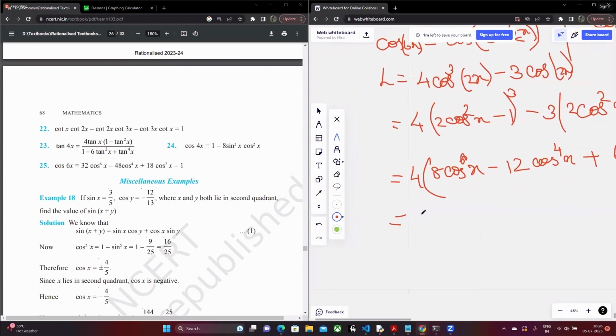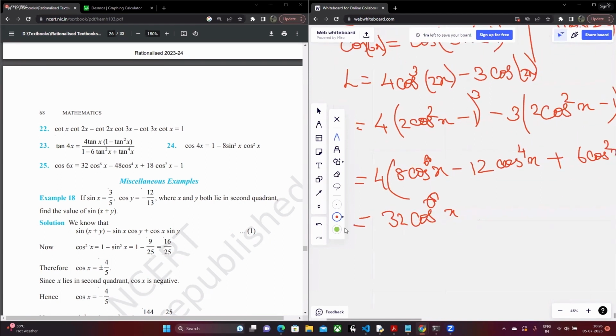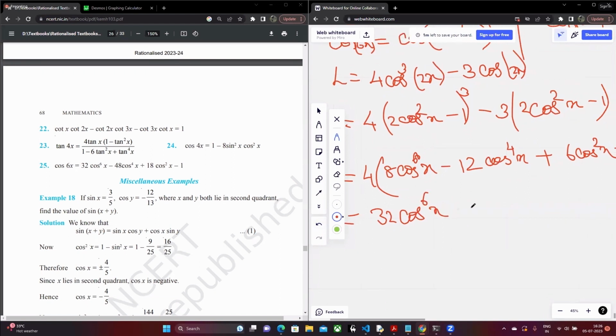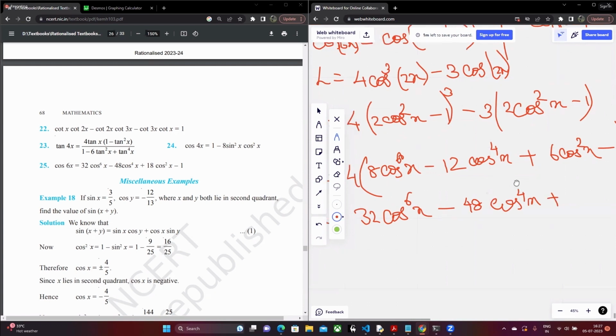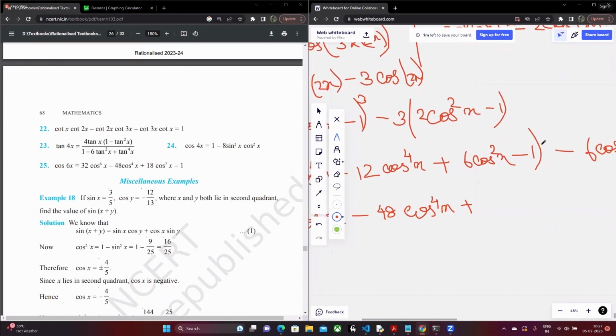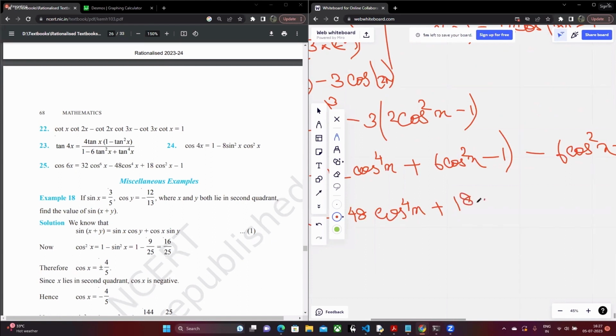I'll basically write this as 32 cos power 6x, minus this is going to be 48 cos power 4x, plus this is 4 into 6, that's 24. 24 minus 6 is going to be 18 cos squared x.